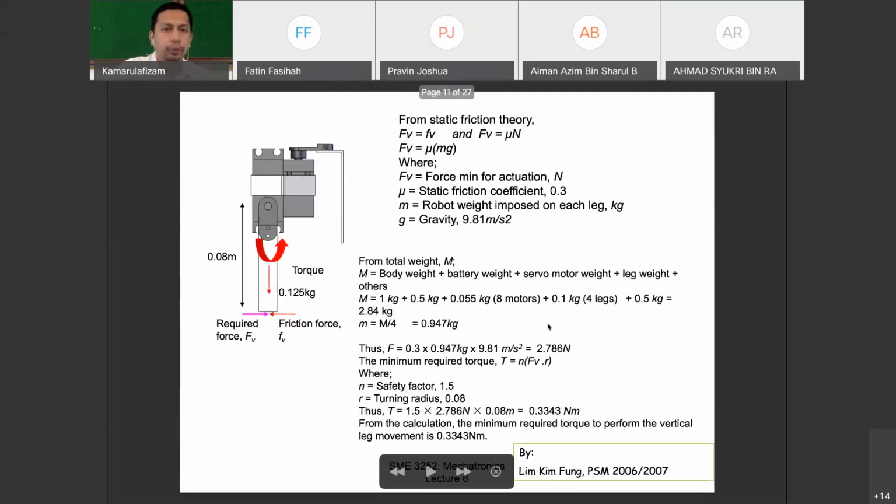Alright, ini contoh macam sangat ni lah kan, sangat panjang cerita lah kan, but before basically you can move things, alright, because we are talking about moving object ke, we are talking about holding object ke, macam robot, macam robotic arm ke apa ke, dia mungkin nak kena angkat benda, dia mungkin nak kena lift, dia nak kena grip, dia nak kena pegang, dia nak kena pusing.